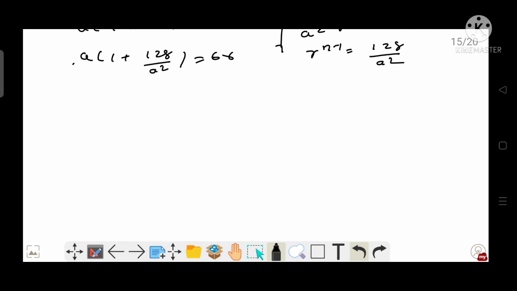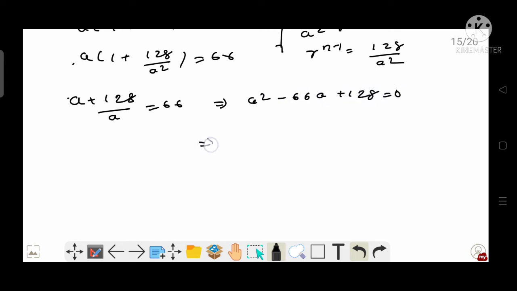So we can find a plus 128 by a equal to 66. This implies a square minus 66a plus 128 equal to 0.